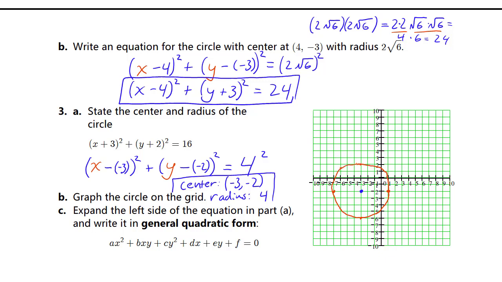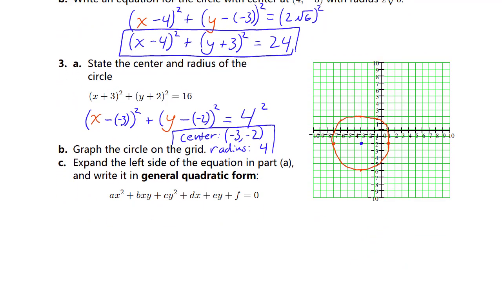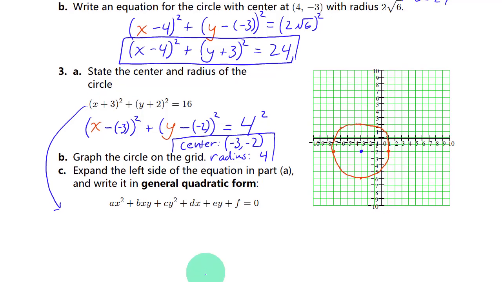Okay. So, now what I want to do is I want to expand the left side of this to write this in general quadratic form. So what that means is take the (x plus 3) quantity squared and FOIL it out, basically.